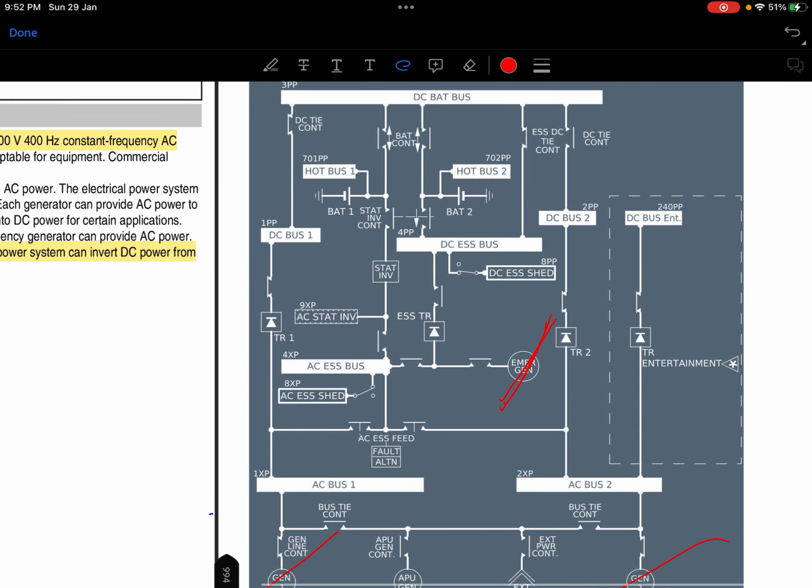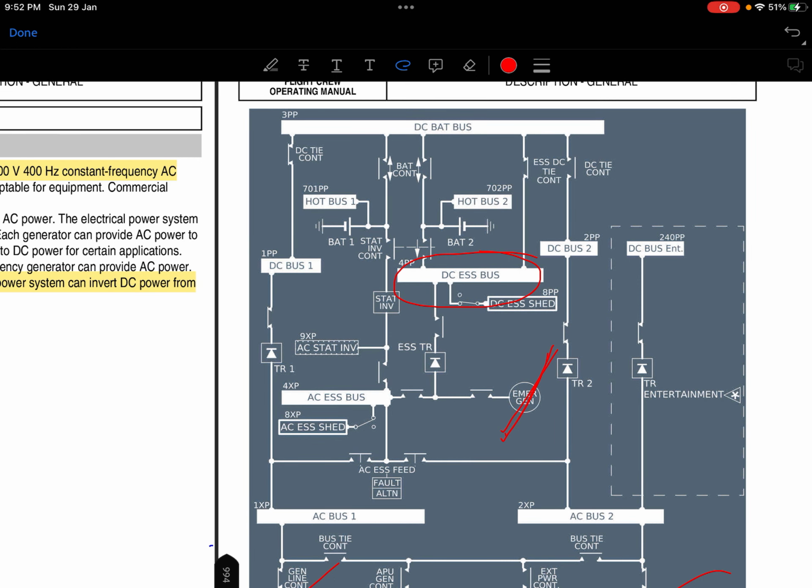So how is the DC essential bus getting supplied? How is it getting its supply? The options were hot bus 2, essential TR, hot bus and essential TR, or hot bus 1.